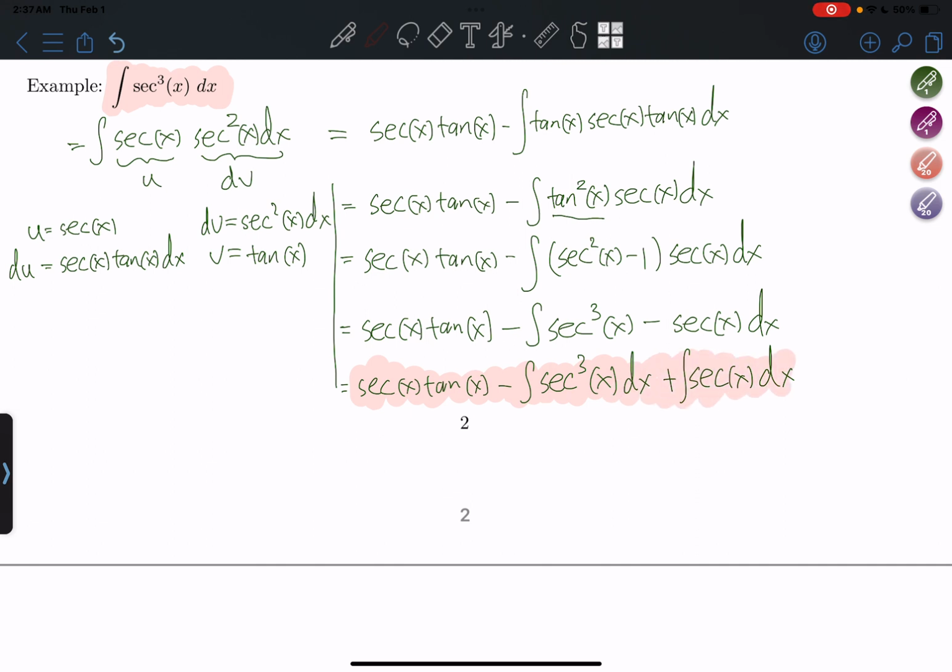In fact, for the last one, I should just write out the integral, because the last one is a known integral from Calc 1. I'll tell you what, why don't I do that?